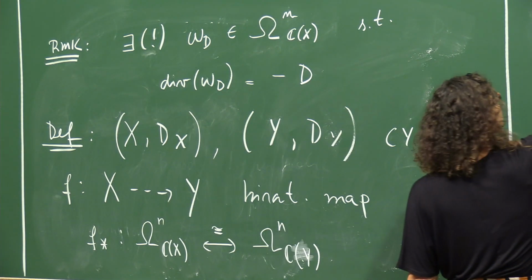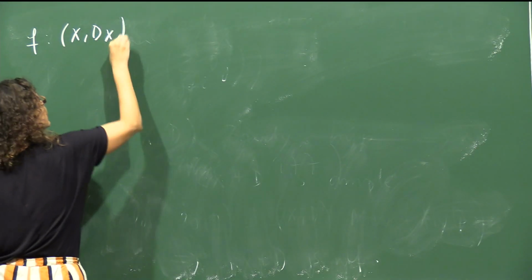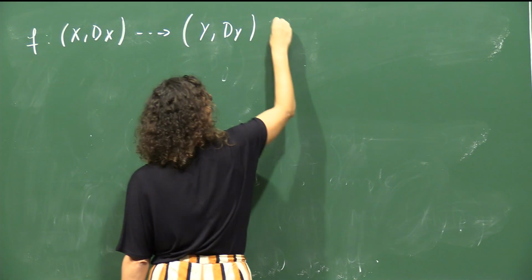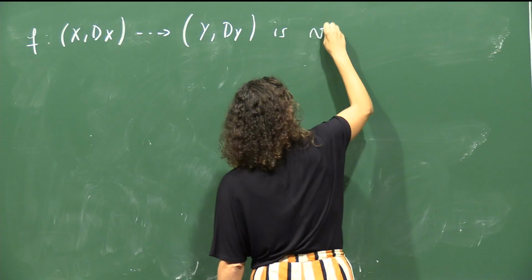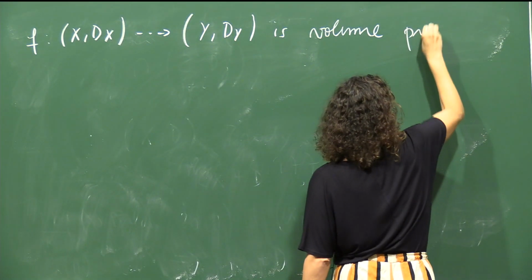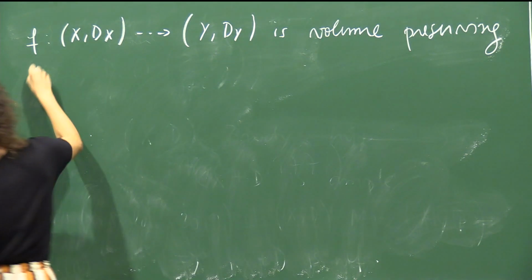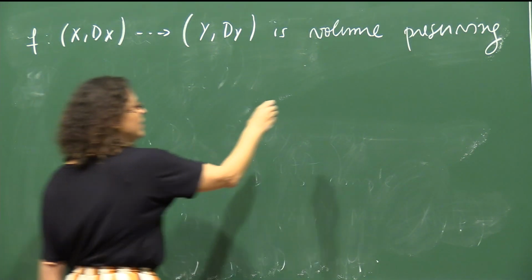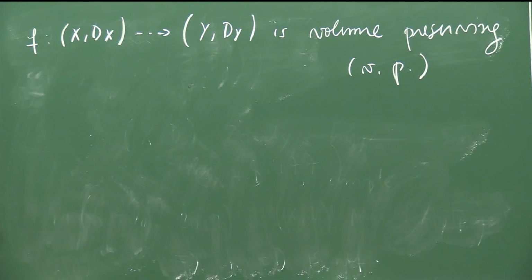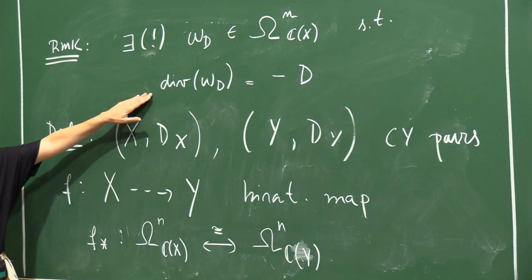We say that F, as a map of pairs, is volume preserving, which I will often abbreviate by VP, if this identification respects this special volume form.